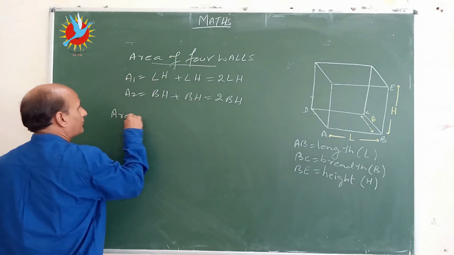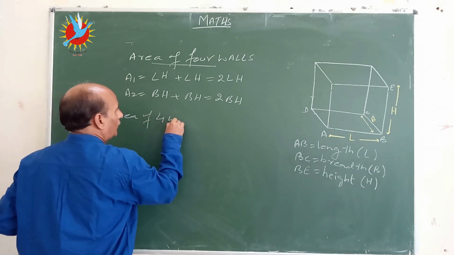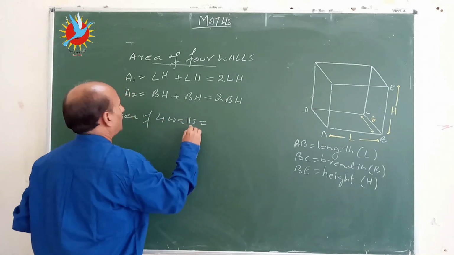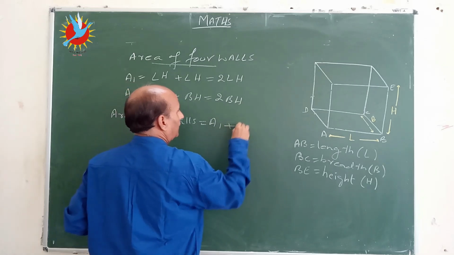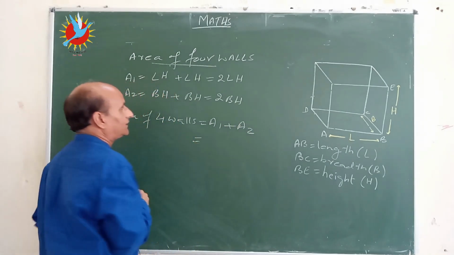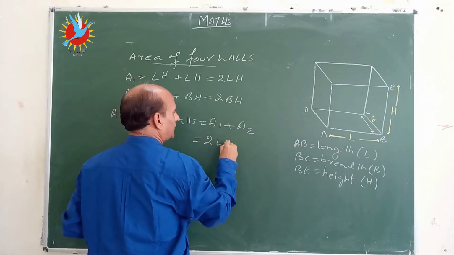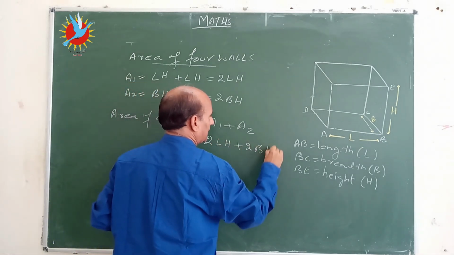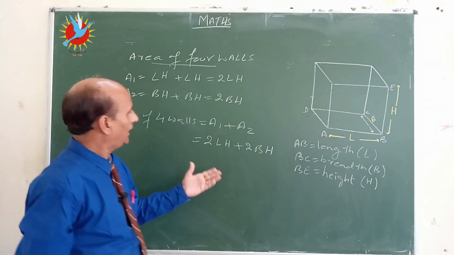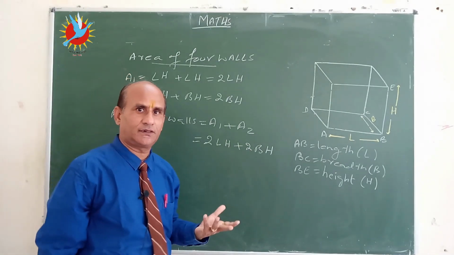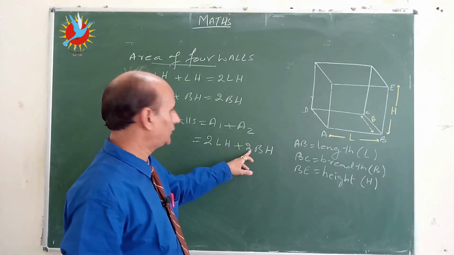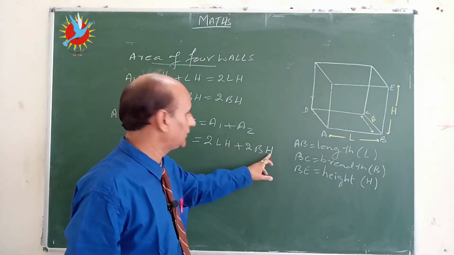So area of 4 walls is equal to A1 plus A2, that is twice LH plus twice BH. Now have you seen that something is common here? What is common? 2 is common in both and height is common in both.